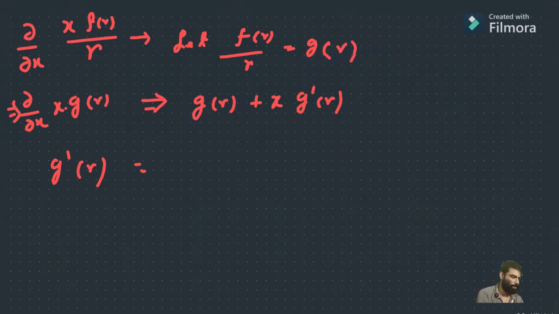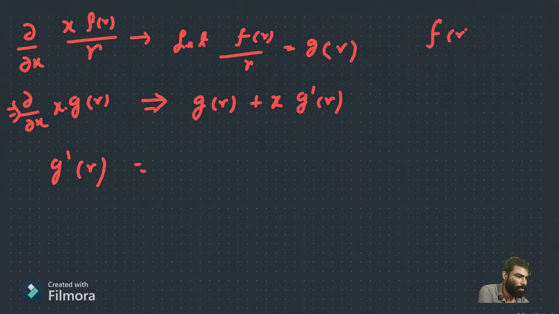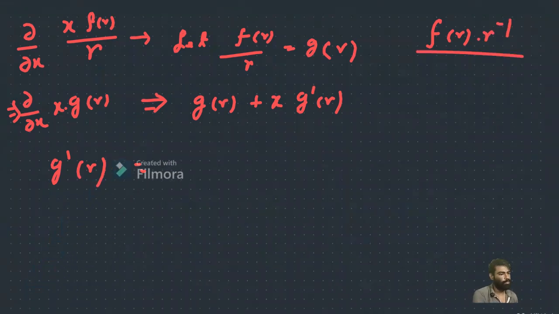Just think of 1 by r as r to the power minus 1, so the term will be f(r) into r to the power minus 1. In that way you can use the product rule as well. I usually don't use the quotient rule; I always use the product rule in that way.